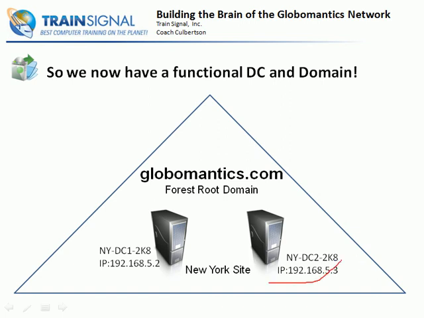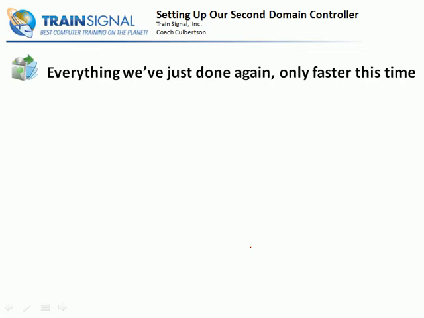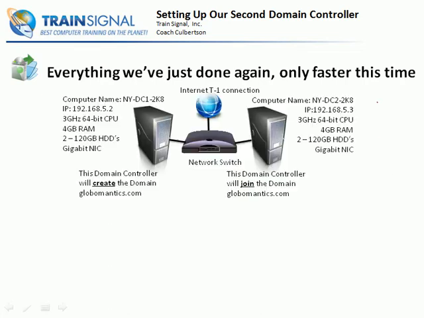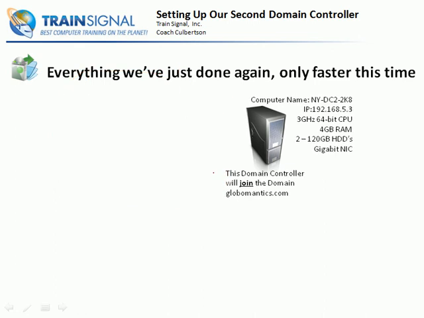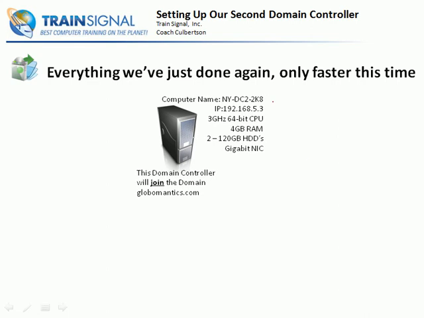We're going to now focus in on our second domain controller that's going to be joining our globalmatics.com domain. So we're just going to do everything that we just did, only we're going to do it a little bit faster this time because you now know the process. Again, we have built this guy. We can go ahead and put a check mark in him. And then we're now going to be focusing in on this piece of hardware, New York DC2.